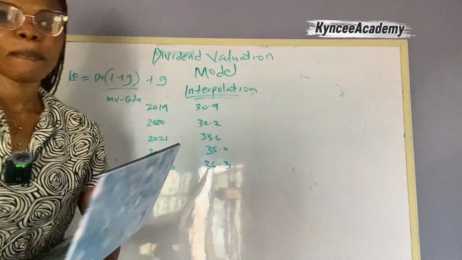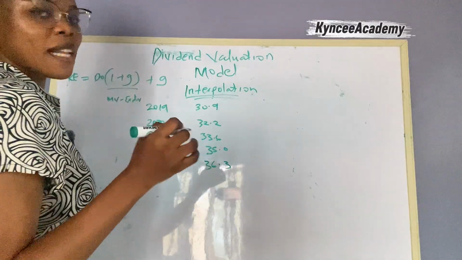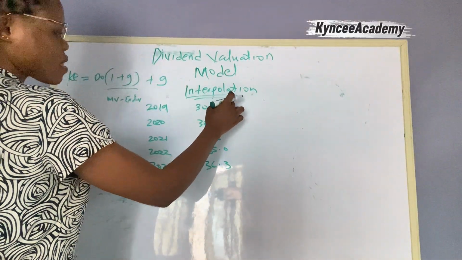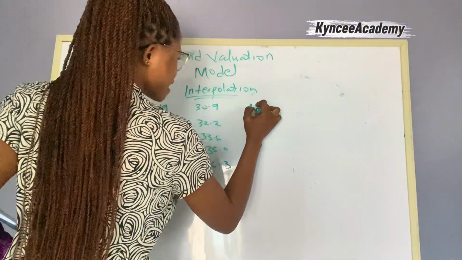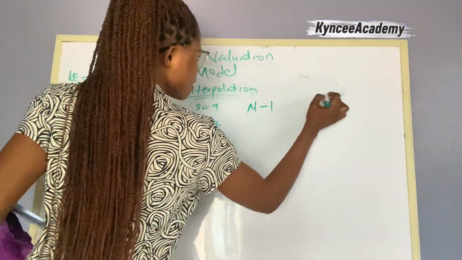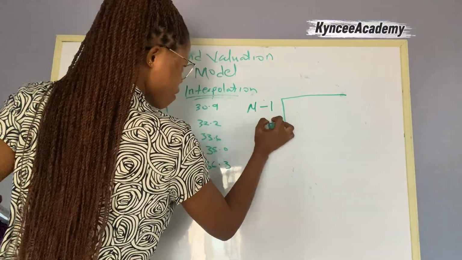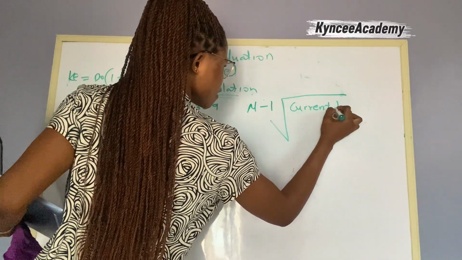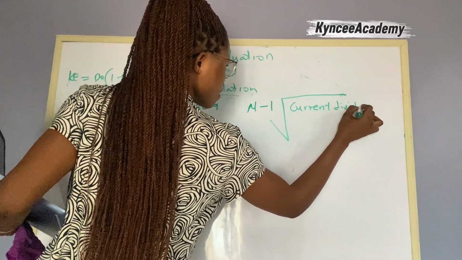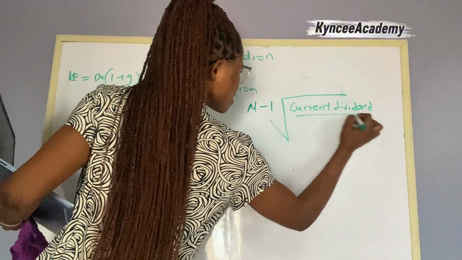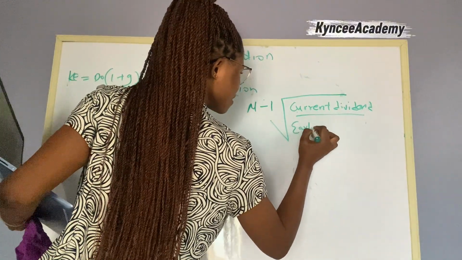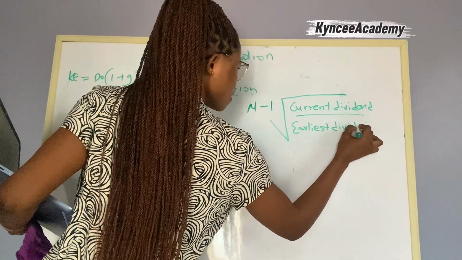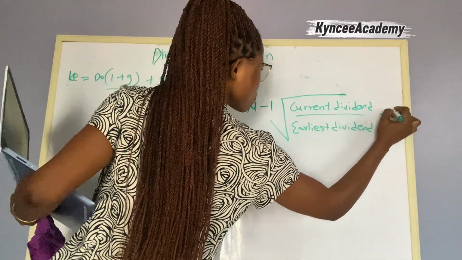Now we are going to apply our formula. When you are using the interpolation method, the formula is the n minus 1 root of current dividend over earliest dividend, minus 1.